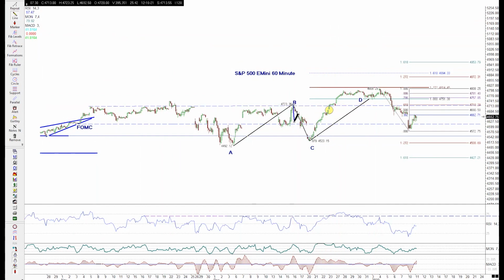A simple way to do that is I'm drawing down from the high of the B point here, and from the start of the A point, I'm just going to come over with a horizontal line to meet that. That represents the time that it took the AB leg to form. Now, I'm going to simply drop that over. So this is the approximate time for this pattern, and you see how much further the time goes on here.